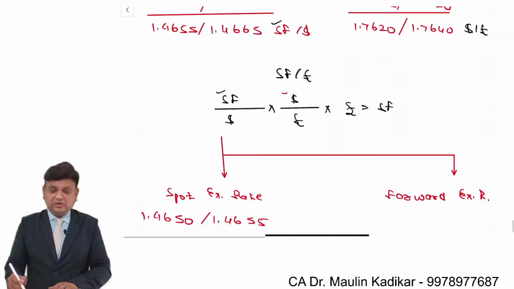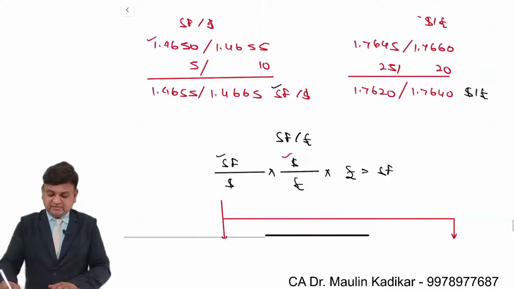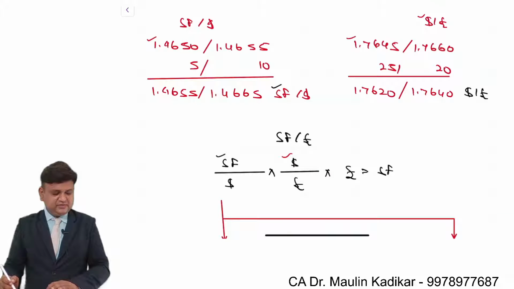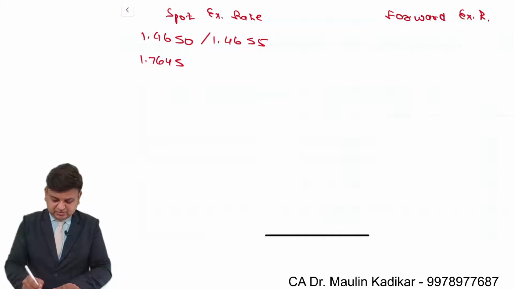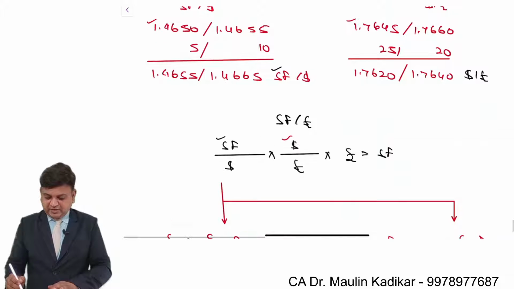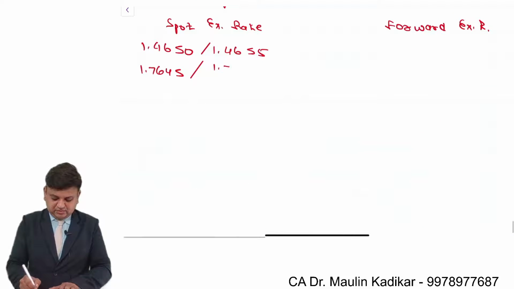And I want dollar per pound, the same is given to us. So 1.7645 slash 1.7660.